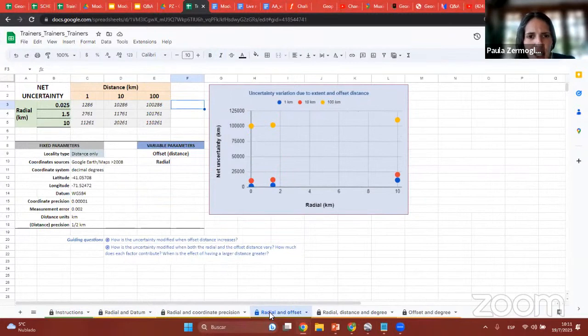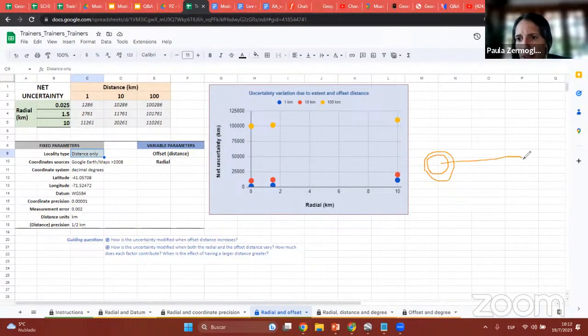Here we have to see variations, again, radial, the size of the feature, and distance in kilometers. So this is a different type of calculation, it is distance only. So a locality of this type would say, for example, X kilometers from a place. So basically, we're looking at a feature with a particular radial, which can be bigger or smaller, and we are X kilometers off that place.